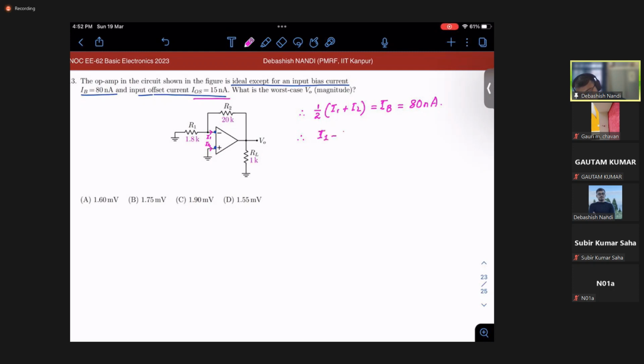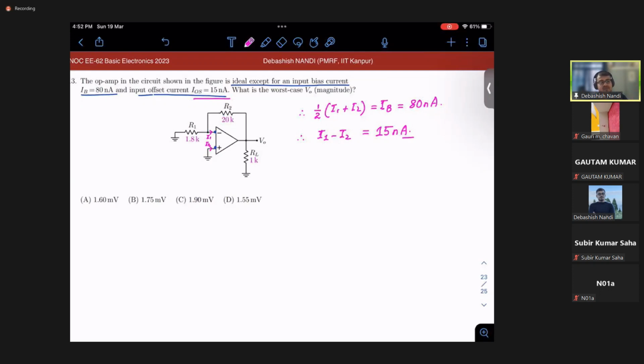I1 and I2 you will get as two values from these equations. But what I am saying is that I1 may flow into the plus terminal or the minus terminal, and the remaining I2 will be flowing into the other terminal. There is no fixing about this. It depends on how the sizes of the transistors change and many other factors, temperature and all.